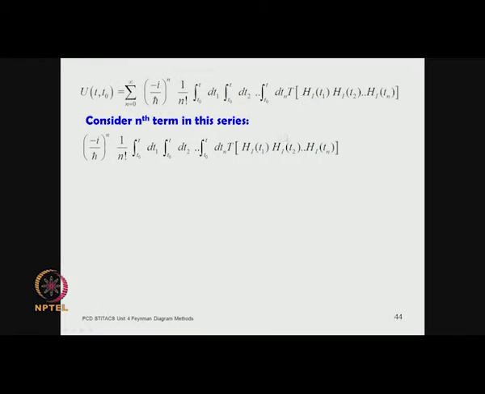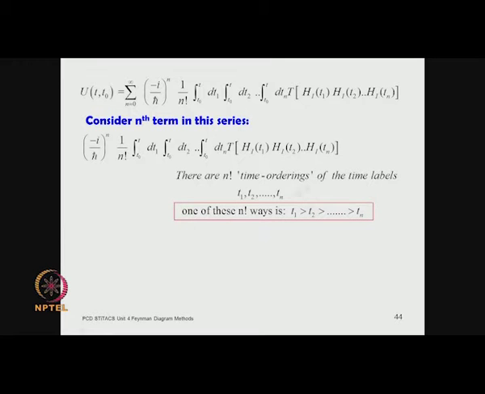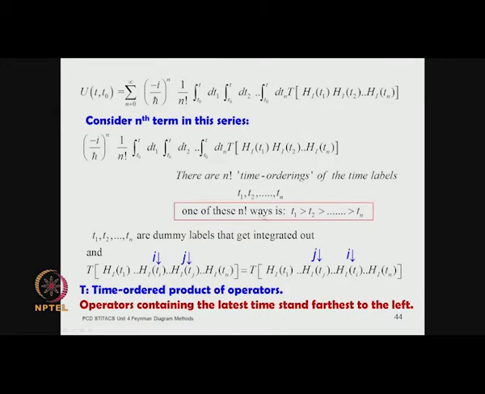So, we now look at the nth term, which is this, and there are n factorial time orderings. Take any one of them. Let us take this one in which t1 is greater than t2, which is greater than tn. Okay. So, this is certainly one of the n factorial orderings that you may have, and if you take one of these, then you just go ahead and stick it in.